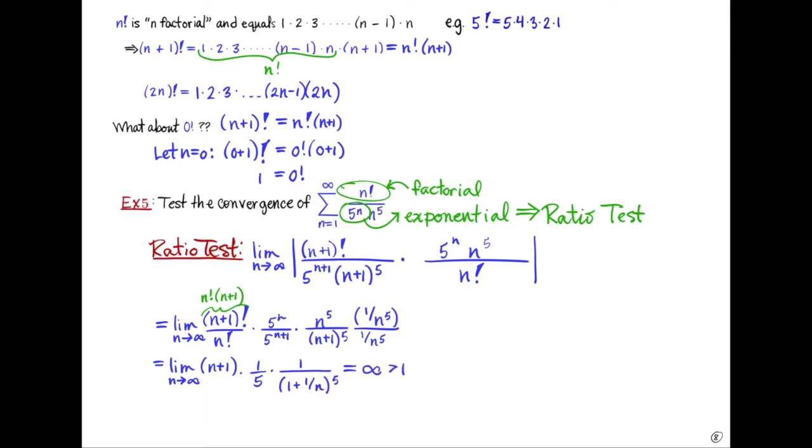And so by the ratio test, we know that the series from 1 to infinity of n factorial over 5 to the n times n to the fifth diverges. And name your test one more time, just in case, by the ratio test.